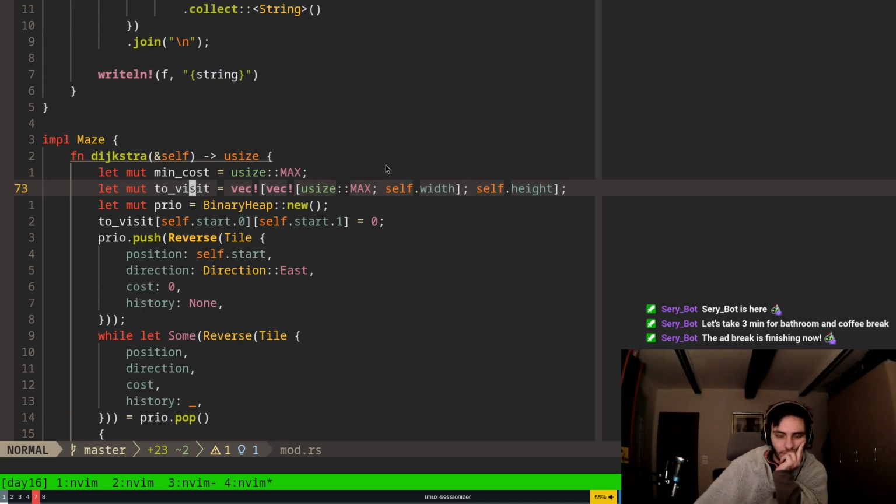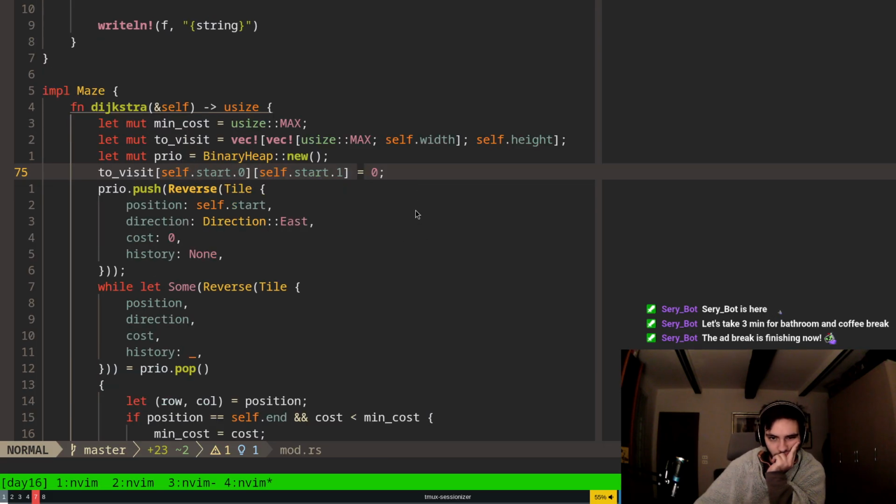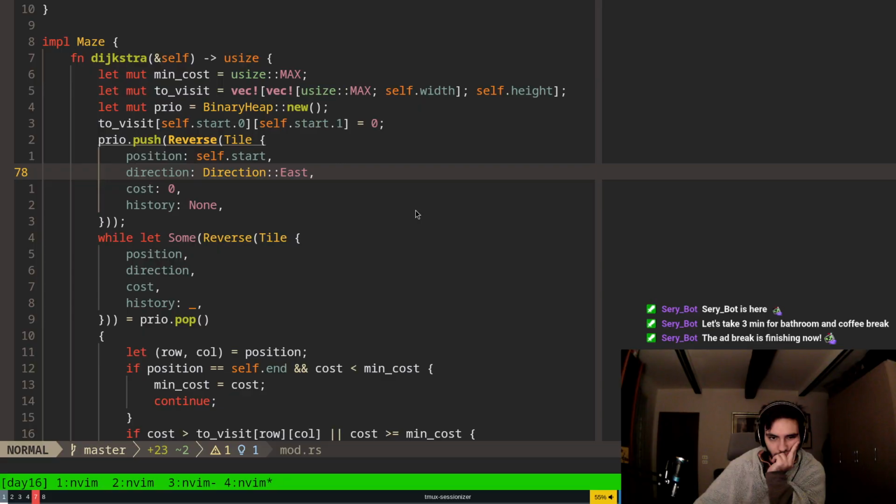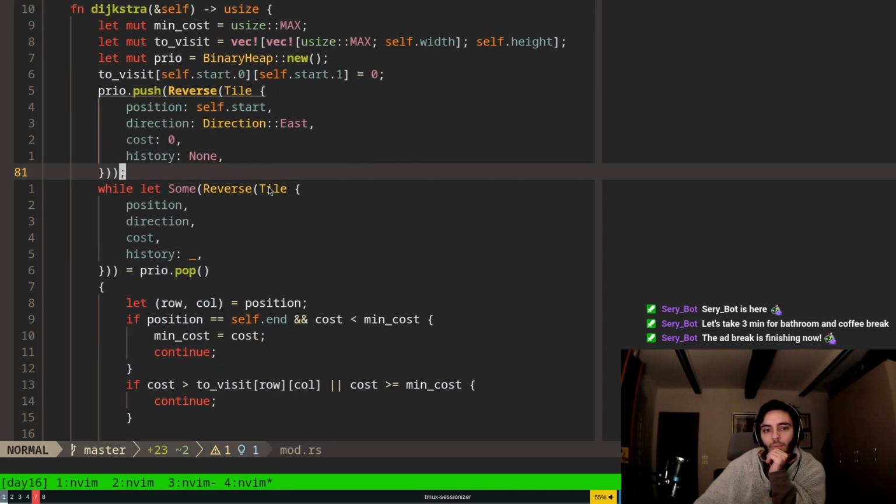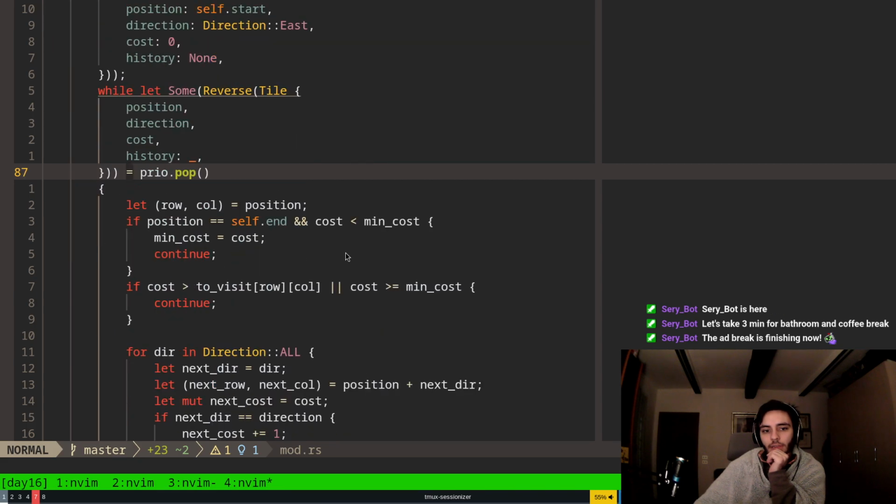Self height. Priority push reverse tile position self direction cost. While let some reverse tile.